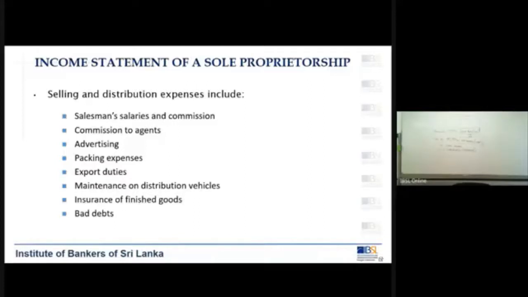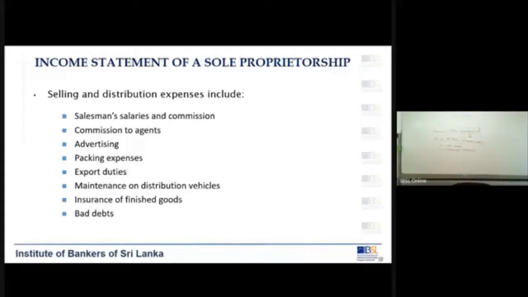Why? You might have a lot of products being stored in your showroom or maybe in your shop. Now you have to protect these products at all times, because there could be floods, there could be fire, there could be a natural disaster. So anything can happen to your business and to the products due to these natural disasters, or even man-made disasters.